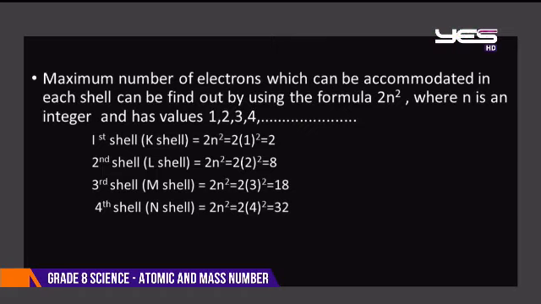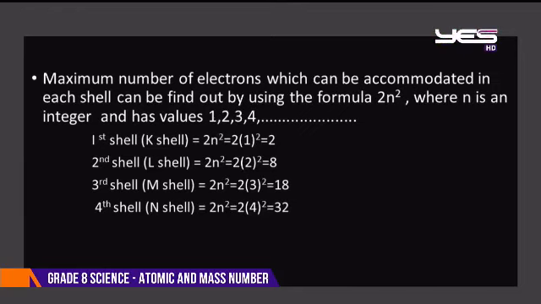Then the next one is N shell or fourth shell. Again apply the general formula 2n square. N value is 4 because it is fourth shell. 2 into 4 square. 4 square means 4 into 4, that is 16. 16 into 2, total we will get 32. So let's check it one more time.